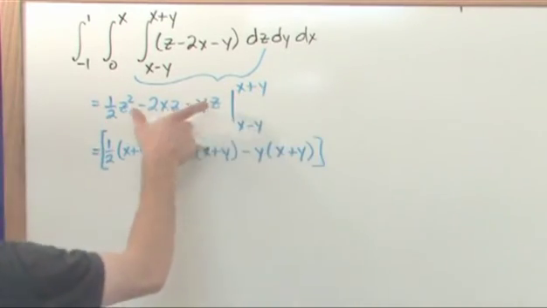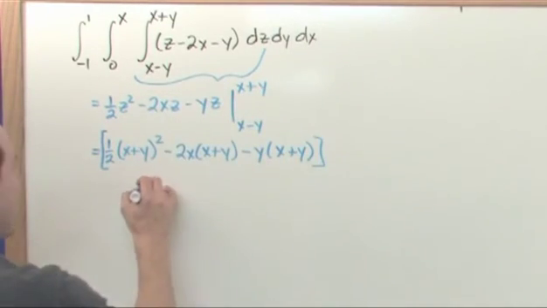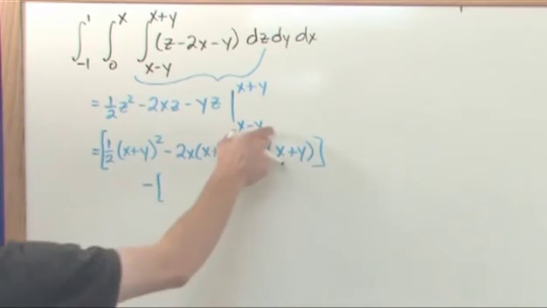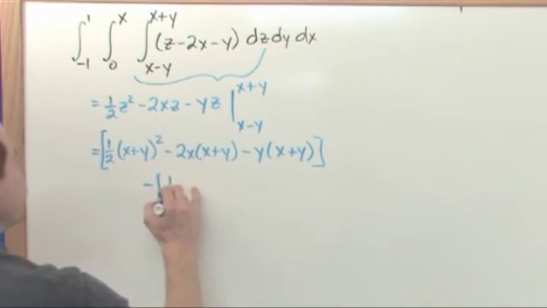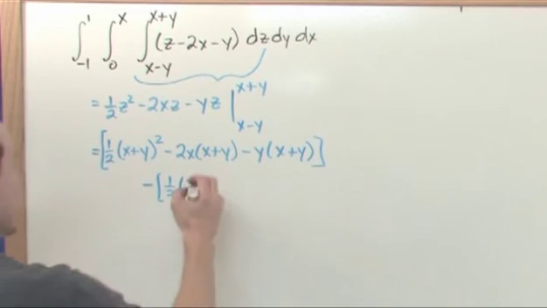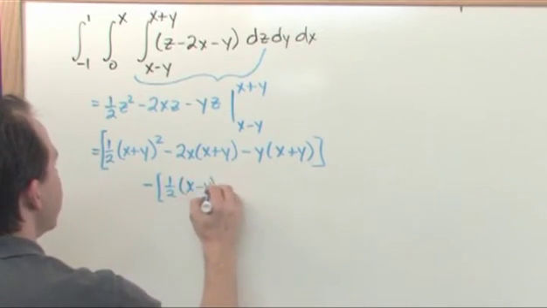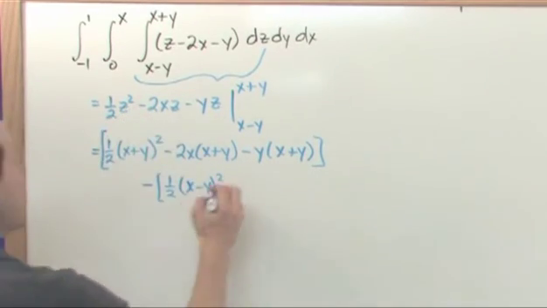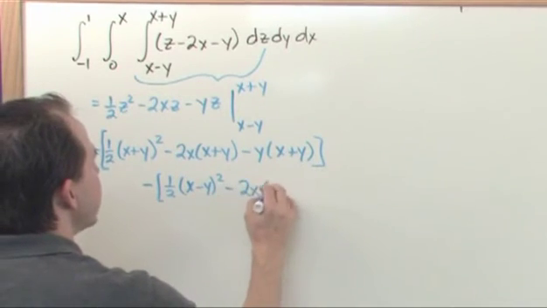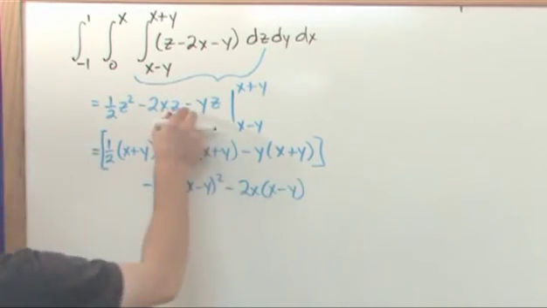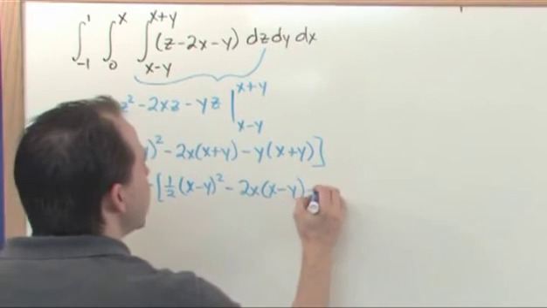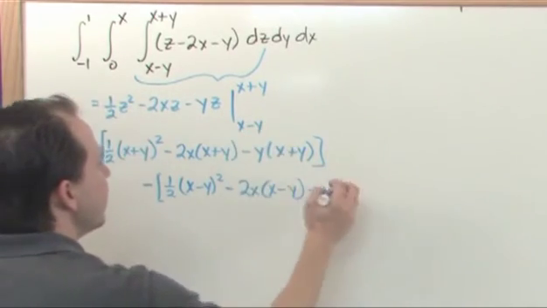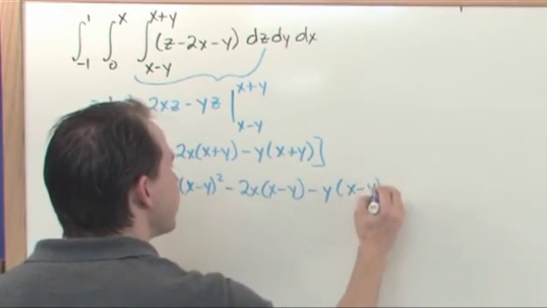So we've plugged this into the top, and we're going to subtract off what we plug into the bottom. So we'll have 1/2 (x minus y) squared, plugging it into here, minus 2x times (x minus y), minus y times z, which is this, so it's going to be x minus y.